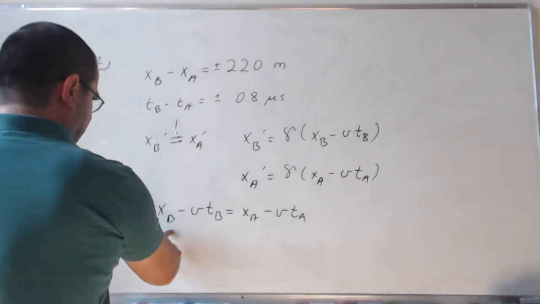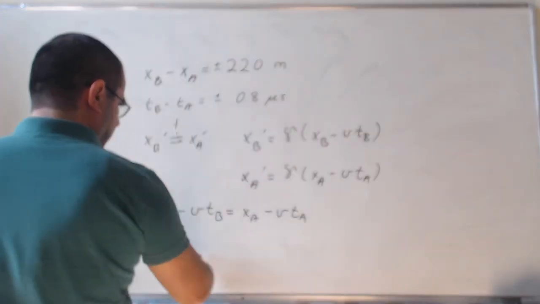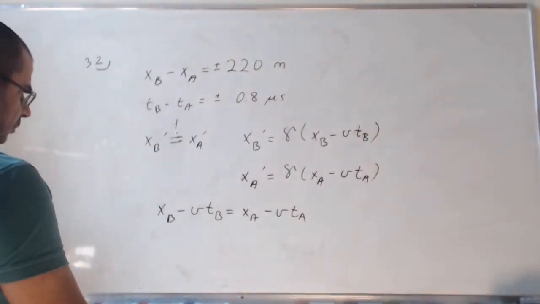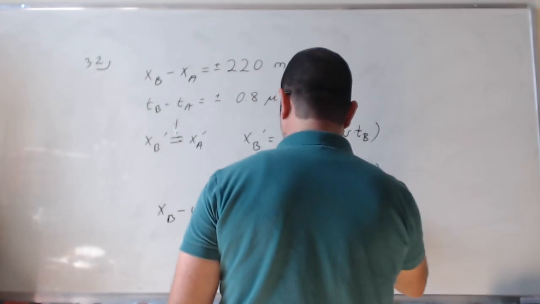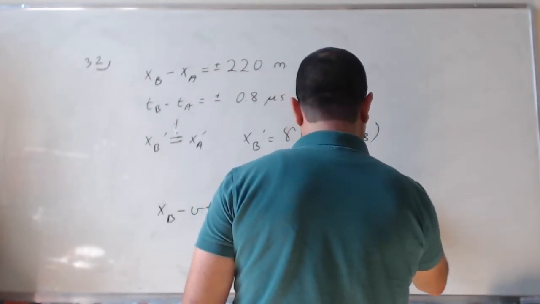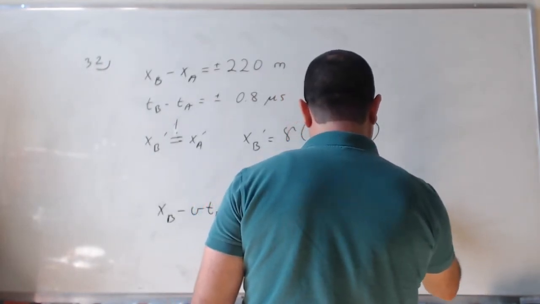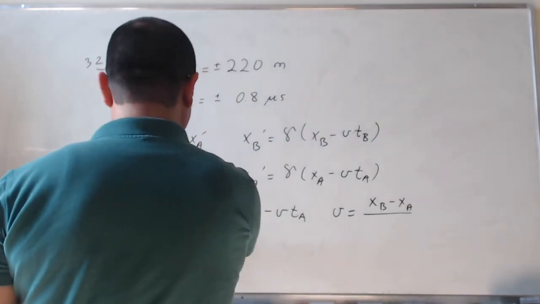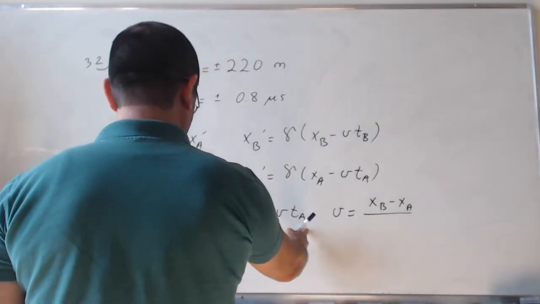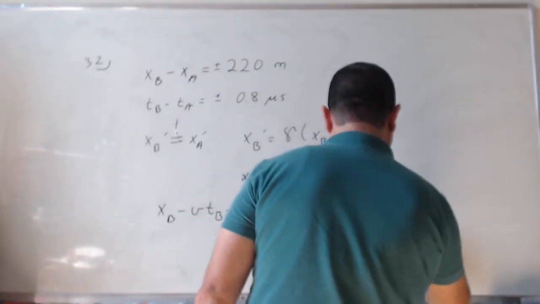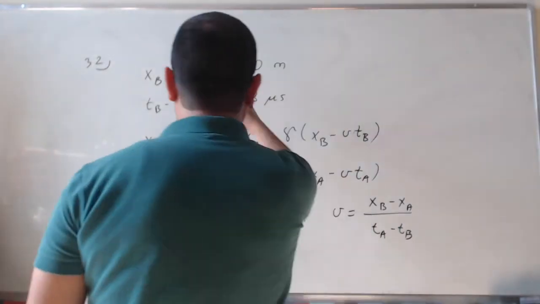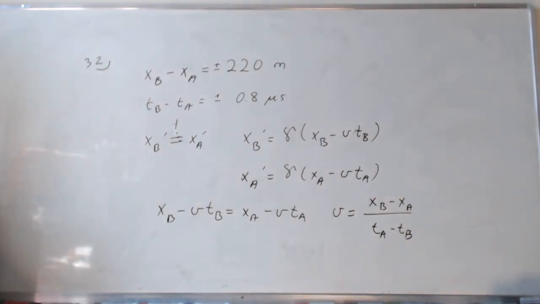I move this to the other side, move this to the other side, and then I can move the times to the denominator. Okay. So I think v comes out to xb minus xa over tb minus ta. So it turns out that one of them was in fact negative.